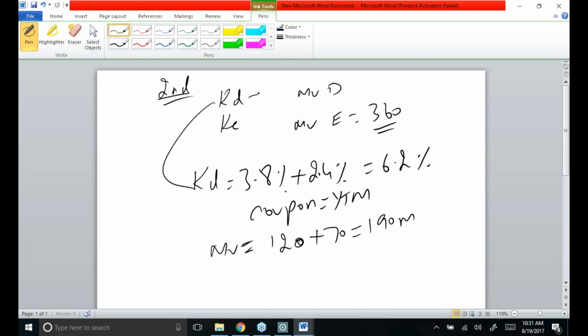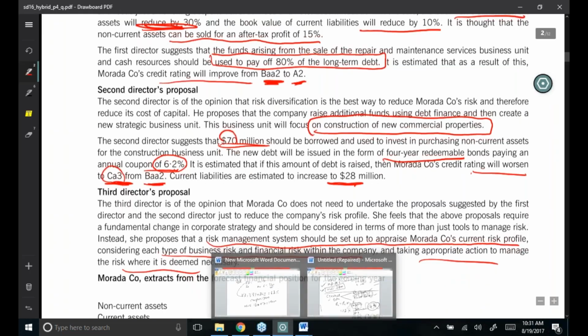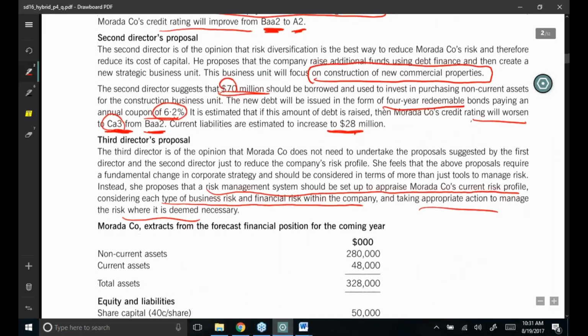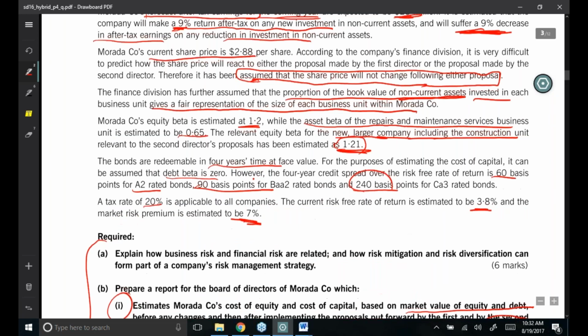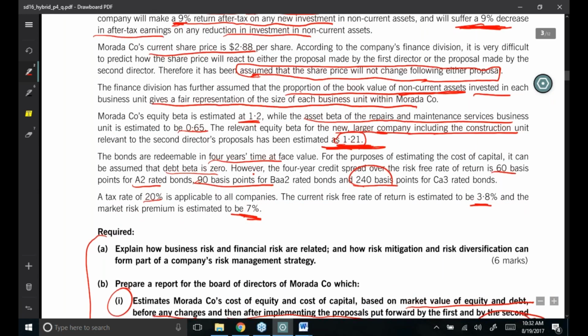And what about KD? For KD you need three points. Risk-free rate, it's available. Risk premium, it's available. The new beta, because now you have invested in three businesses: travel, maintenance, and construction. The new updated beta is given in the question, that is 1.21.